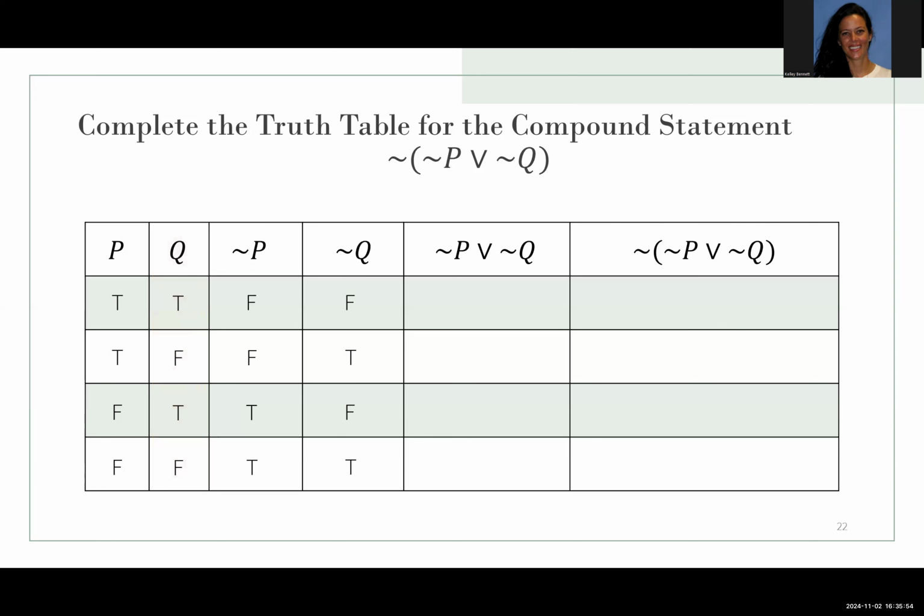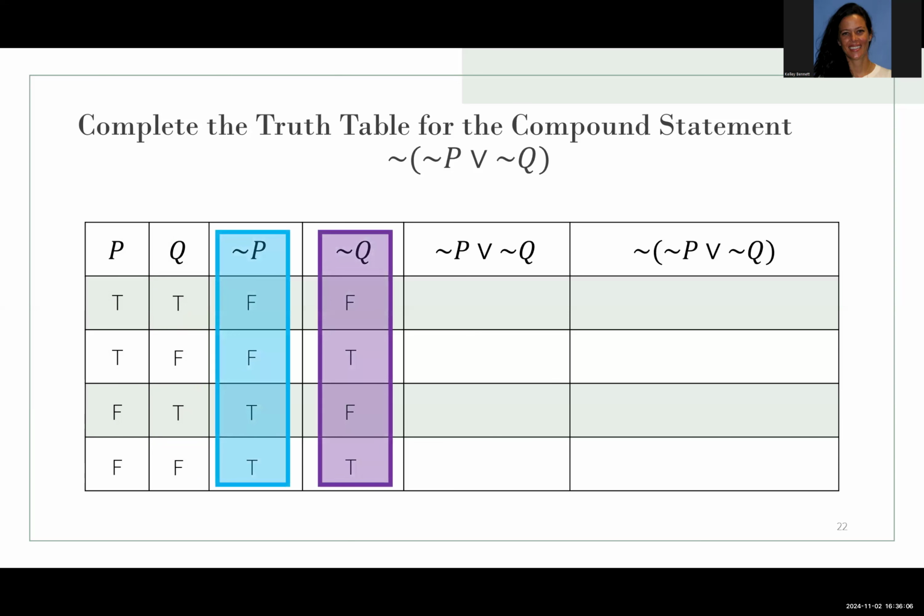Now what I need to do is look at my fifth column here, not P or not Q. And that V symbol is the disjunction. It means or. So when I'm looking at not P with not Q, I'm just asking myself, hey, do I have a true in here somewhere? So in the first row, they're both false.